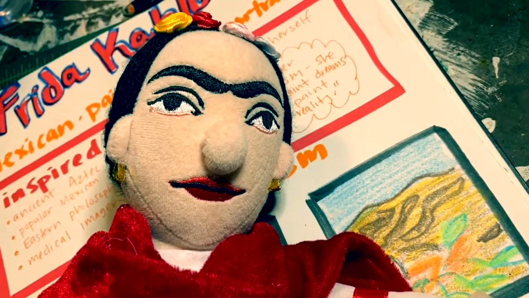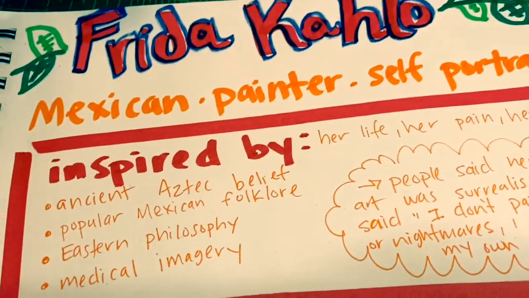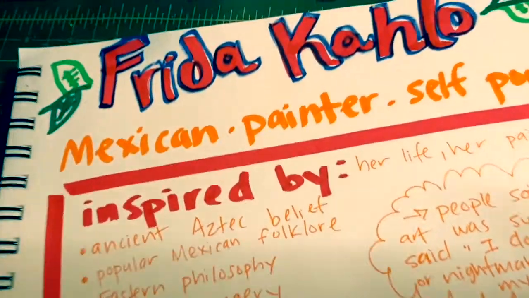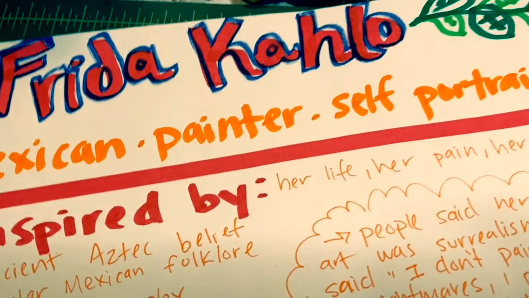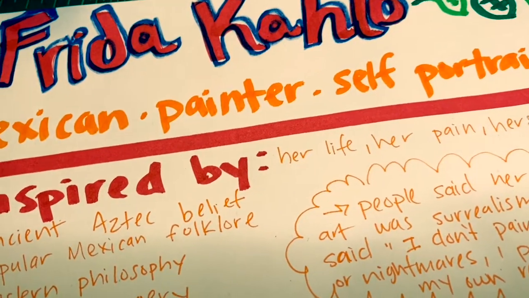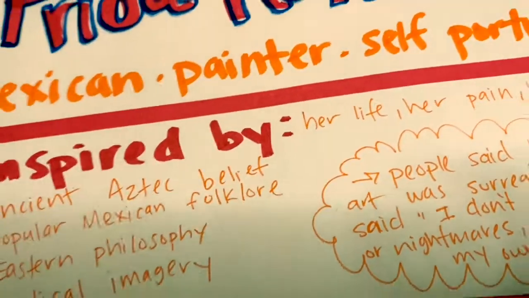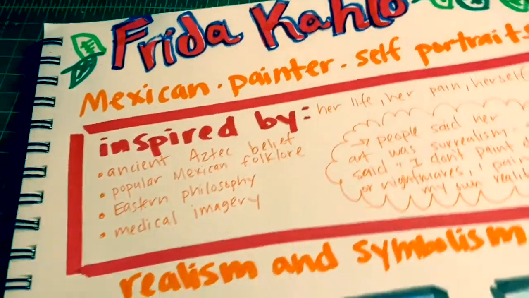Alright, so here is our girl Frida. Frida Kahlo was a Mexican painter. She painted over 140 some pieces, and a lot of them were self-portraits, which is a painting of you. Not necessarily a painting, it could be a photograph or a drawing, but it is of you. A portrait would be somebody else.